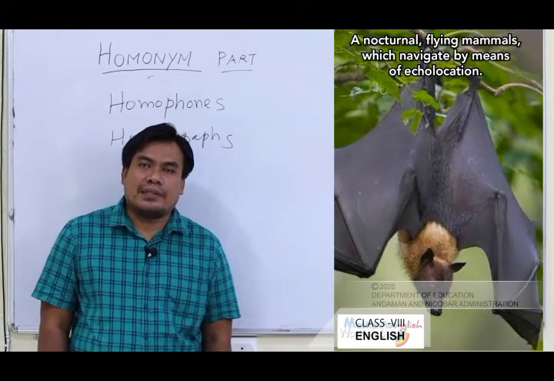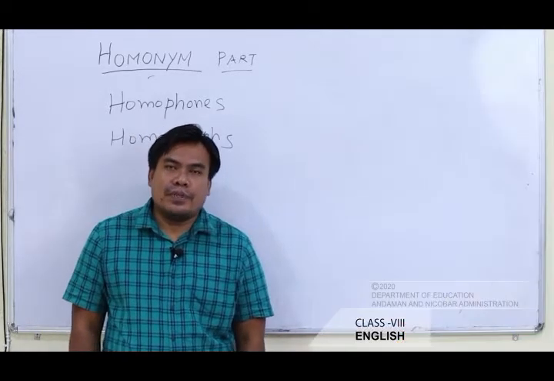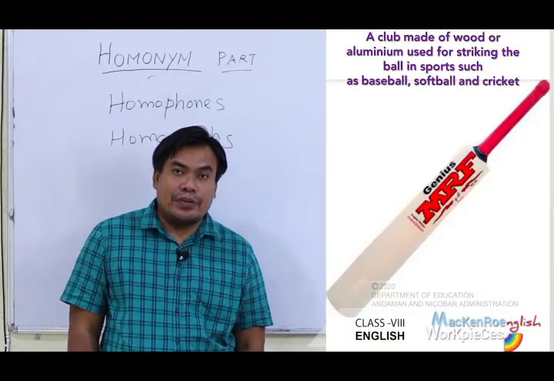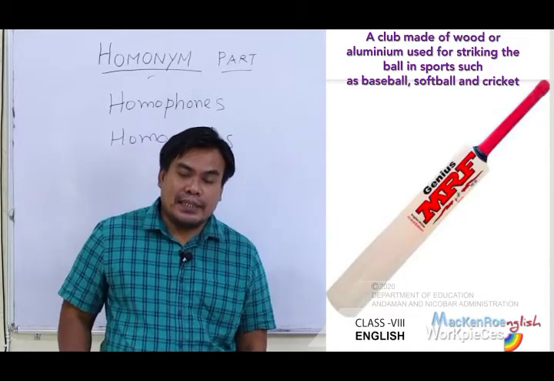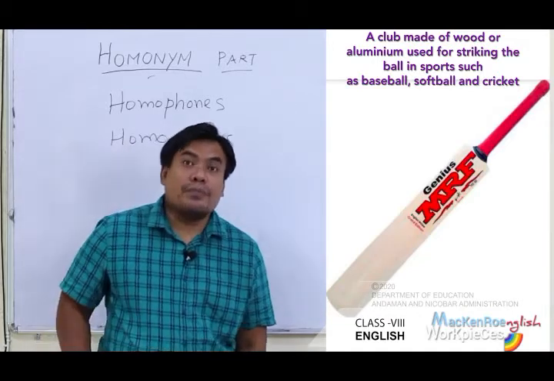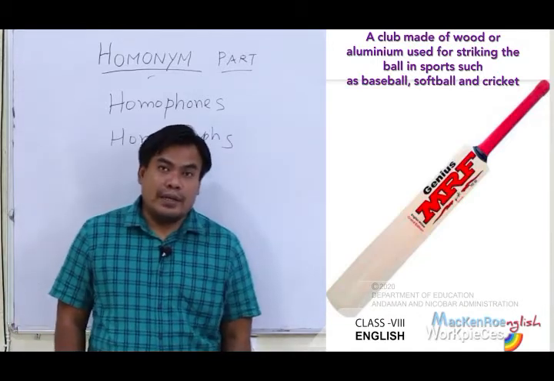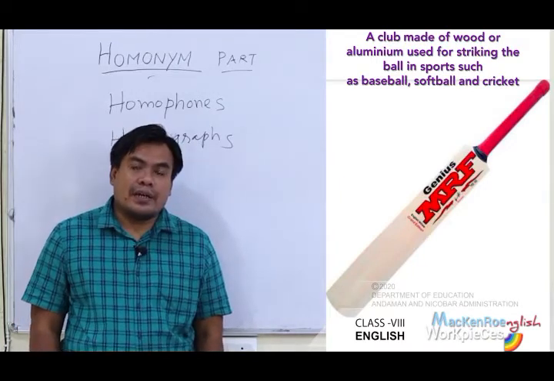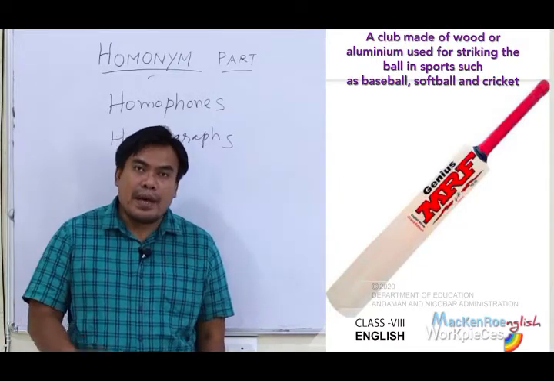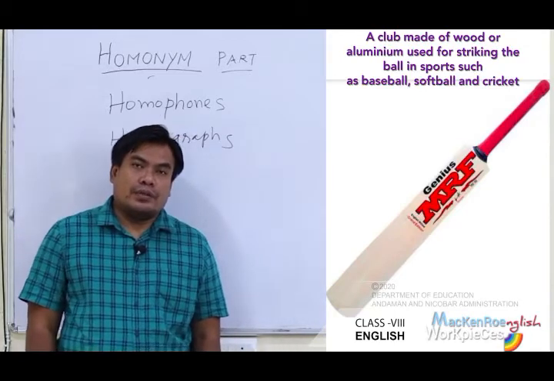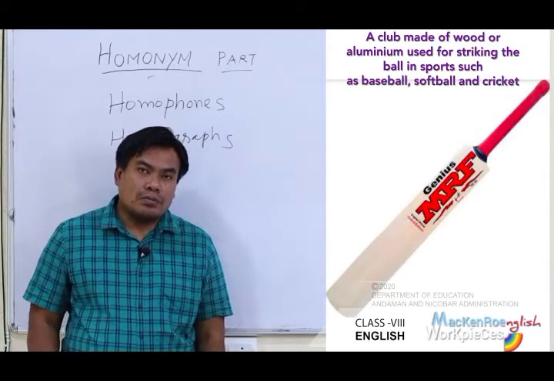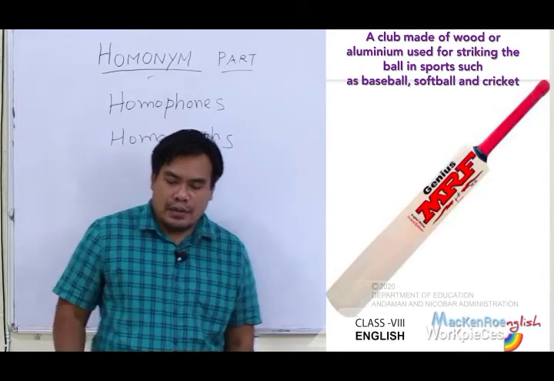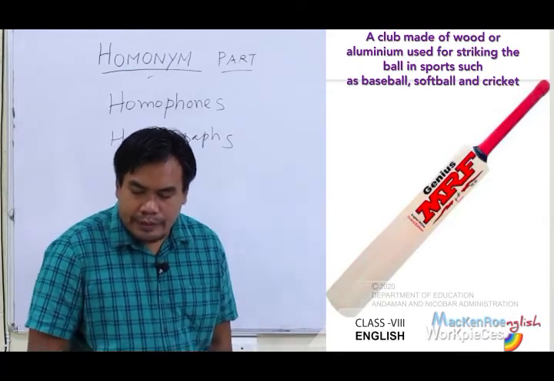B-A-T, bat. Now think of the other one, bat. Yes, you know that very well. It's a stick to hit a ball. As you can see on the screen right now, the cricket bat. Those are called homonyms because they have various meanings. Okay, move on to the next one.